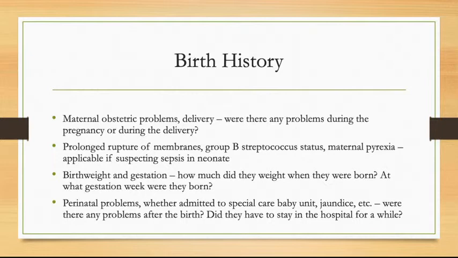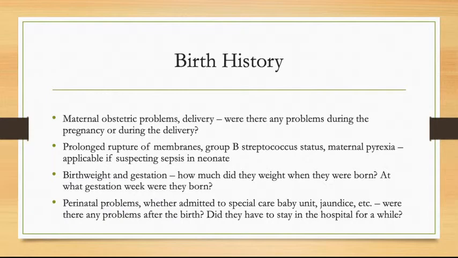And if you're worried about a neonate and you're worried about infection, then you have to especially check for things like prolonged rupture of membranes, group B strep, and maternal fever during delivery. Other things you can ask are how much did they weigh when they were born and what gestation week were they born in, just to check if they're premature or not.